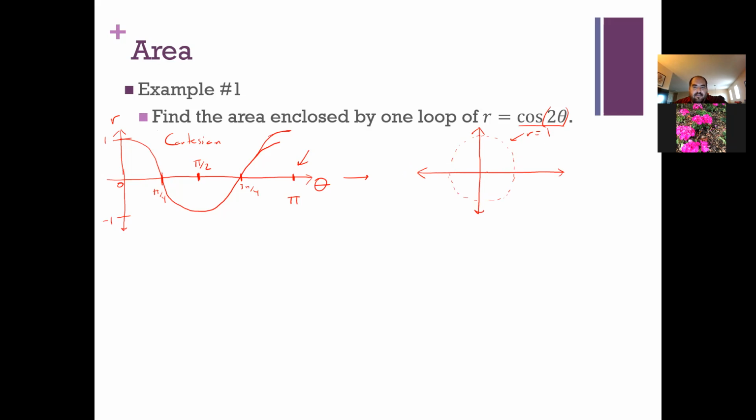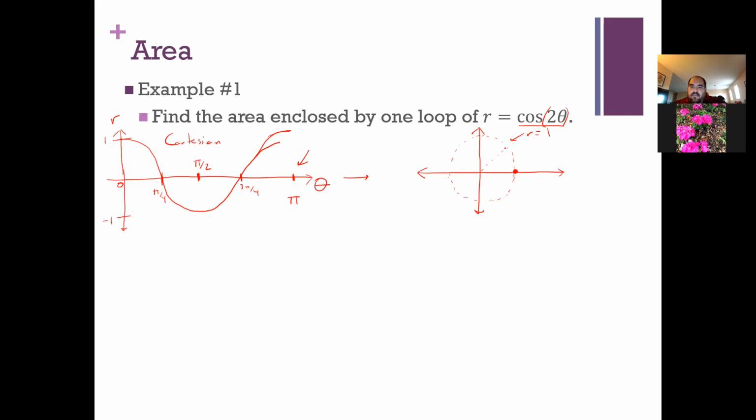So from here, I think I can graph this out by the information I have here. So clearly this starts on the positive x-axis. So let's just try to sweep this out the way this happens naturally. So I know that when theta equals pi over 4, I'm basically going to be back at the pole.